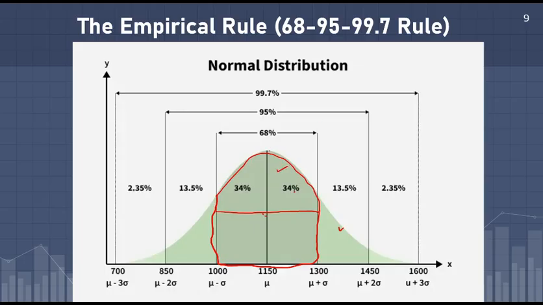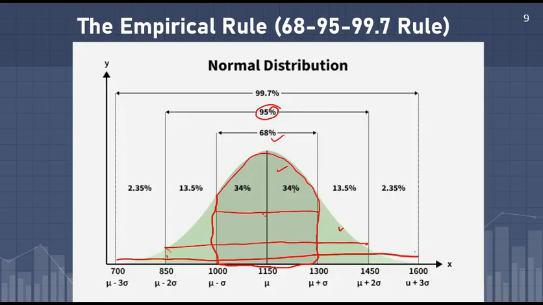Then it starts from here and goes up to here. This particular range of values comes out to be 95%. And if you compare this, hardly anything is left after the curve.